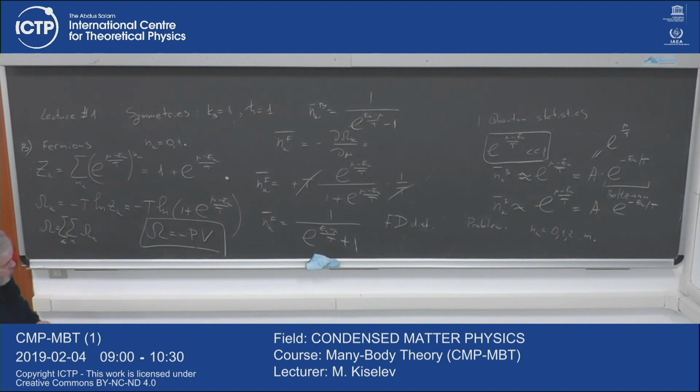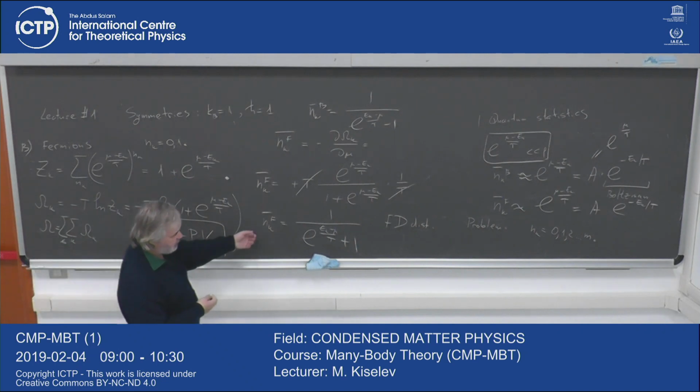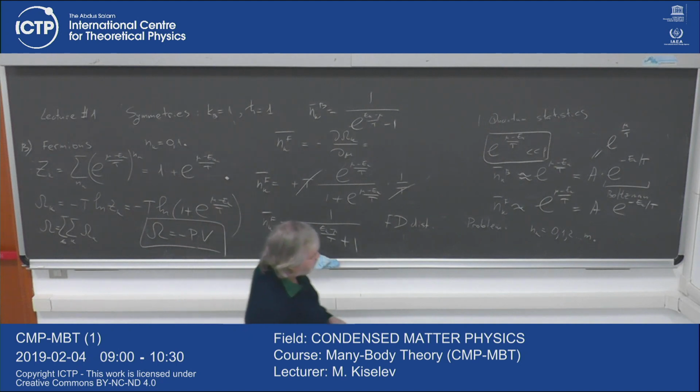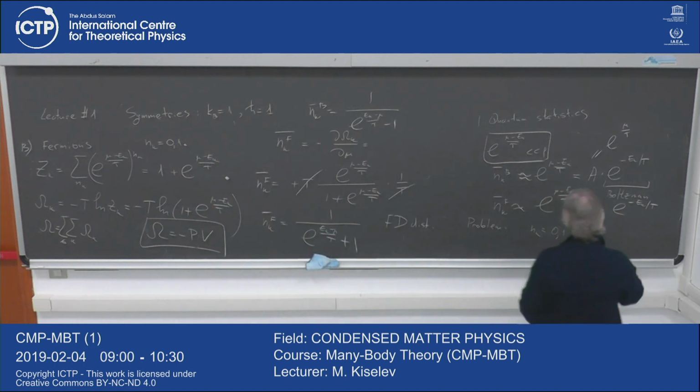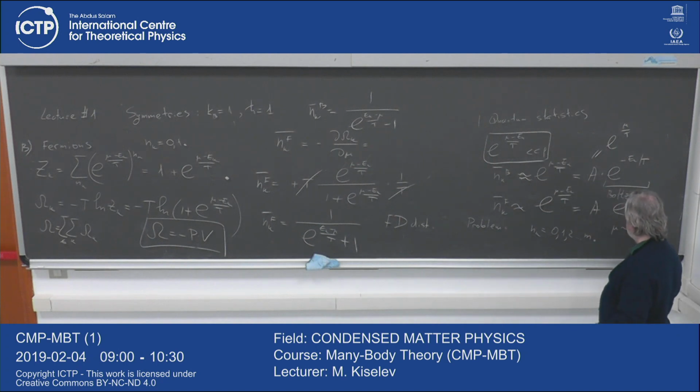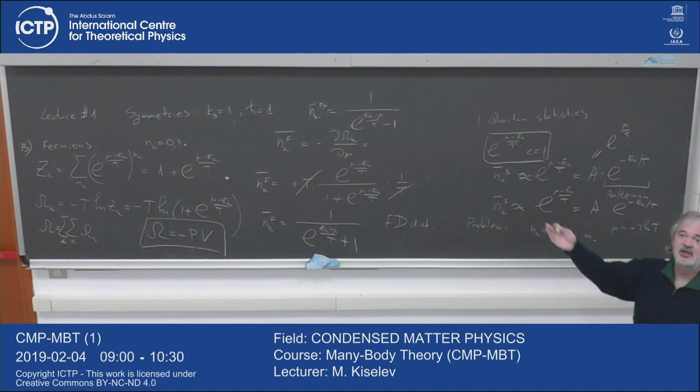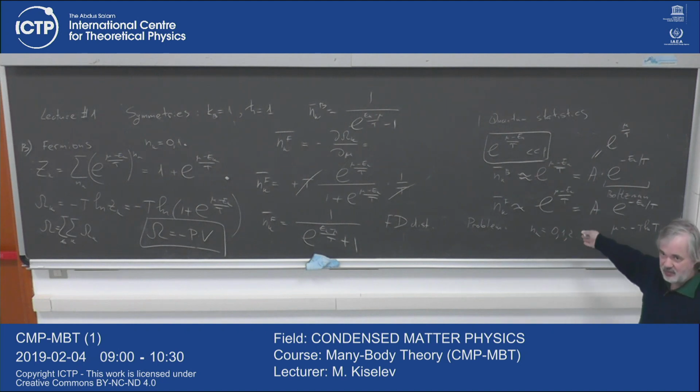Coming back, a few comments about the Fermi distribution function. As I said, in contrast to the Bose distribution function, in the classical limit you know that mu is minus some constant, depending on the dimensionality, times T log T. This is a classical value. So the chemical potential for classical gases, whether fermions or bosons, in the classical limit will anyway be negative.